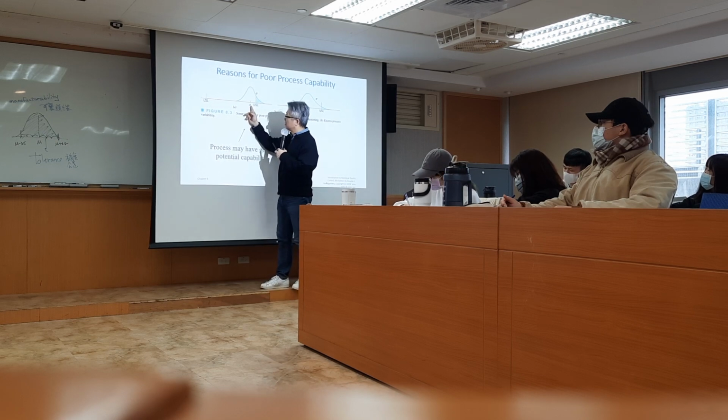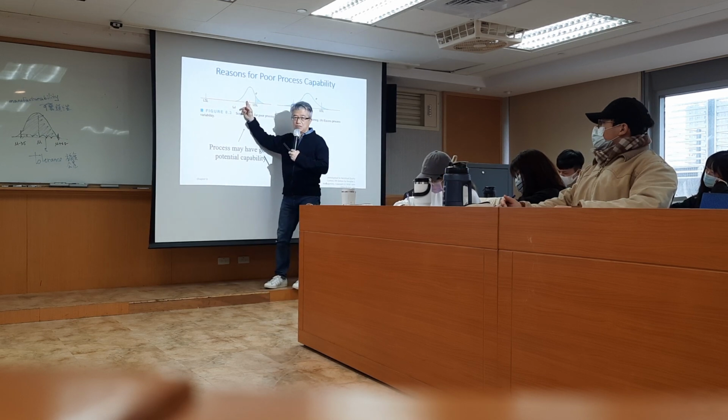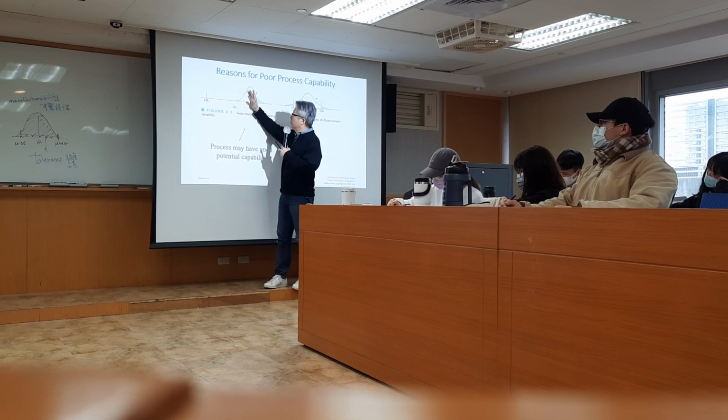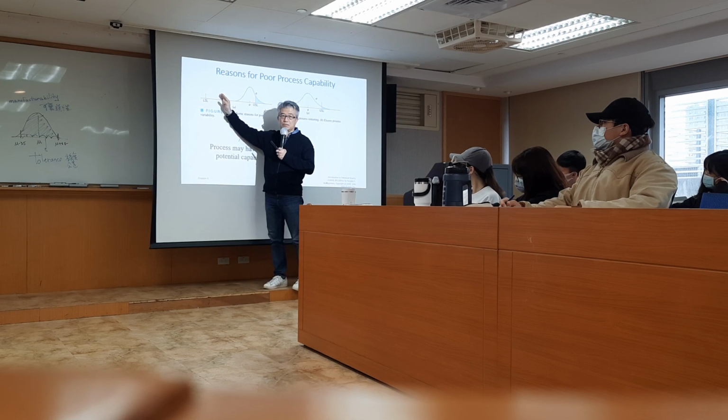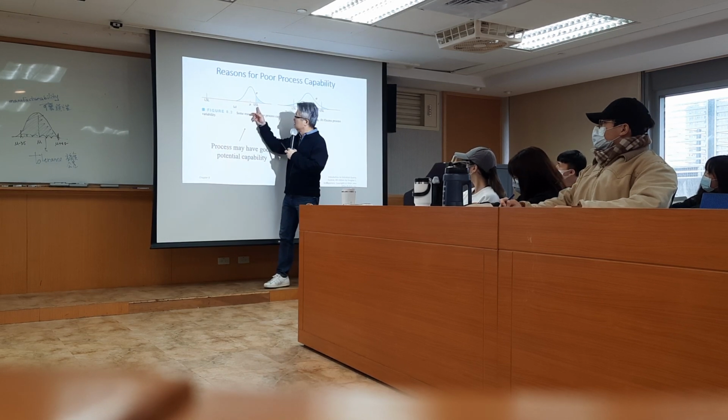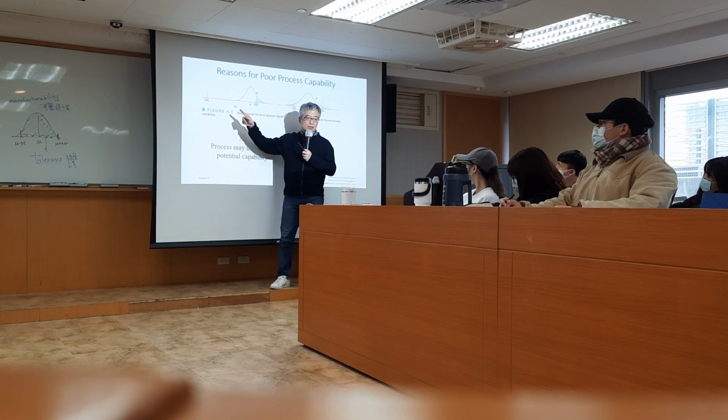So it is potentially capable, right? If we move the center to the left, then all the distribution will fall between the upper specification limit and the lower specification limit.